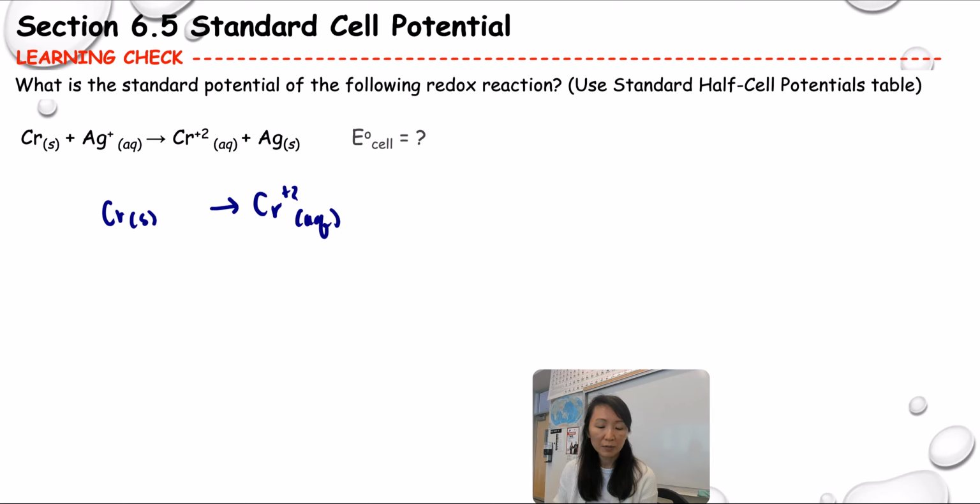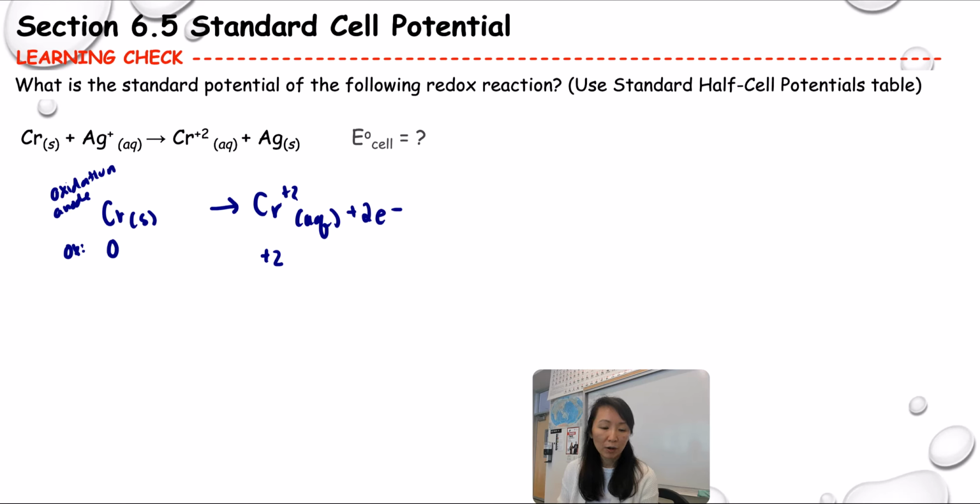Well, this is probably going to be your oxidation process, or if it was in the cell, it would be in the anode. The oxidation number for chromium is 0, and for chromium 2 plus is plus 2. That means 2 electrons have been taken out.